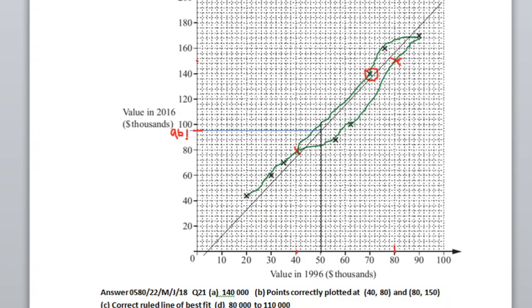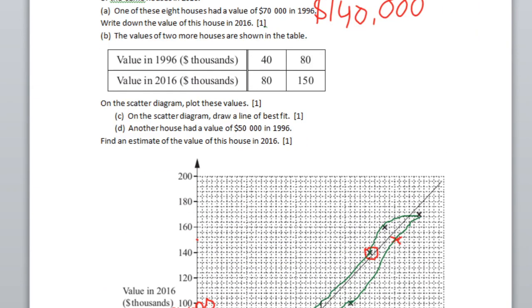So you might get a different answer. You probably will get a different answer, but as long as your answer is in this range, 80,000 to 110,000, your answer will be acceptable. So this is 96,000. So the answer for part D is 96,000 dollars.